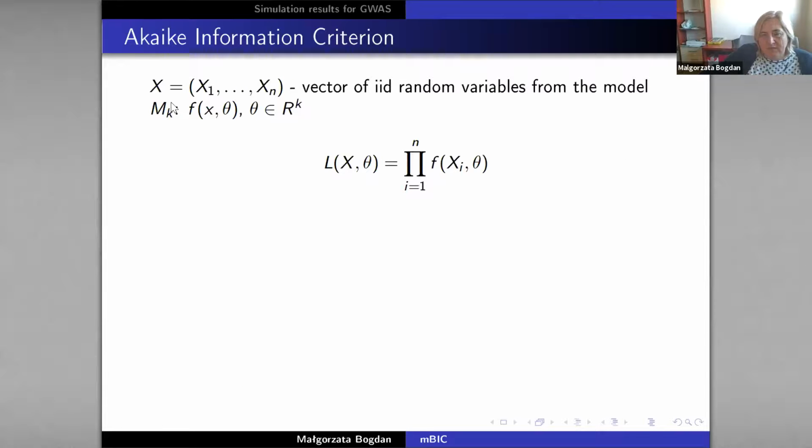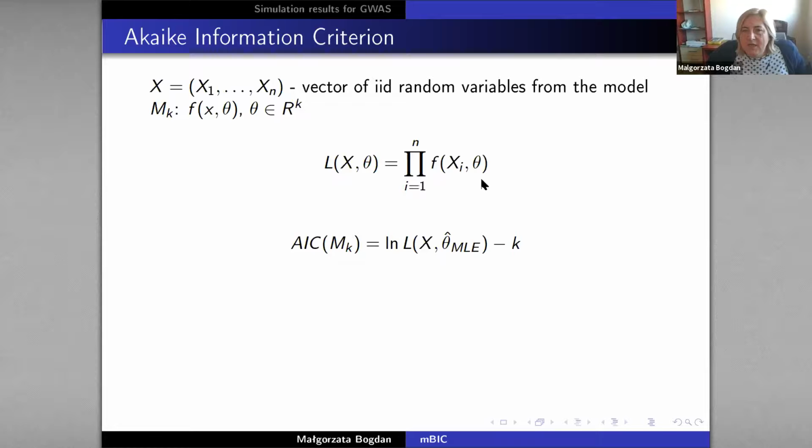So let's say that you have a vector of independent random variables from some model, and the number of parameters in your model is k, so theta belongs to R^k. I'm calculating the likelihood function for this model, and now I'm comparing models of different dimensions. Like in regression, I'm adding new x's, so my beta vector becomes larger.